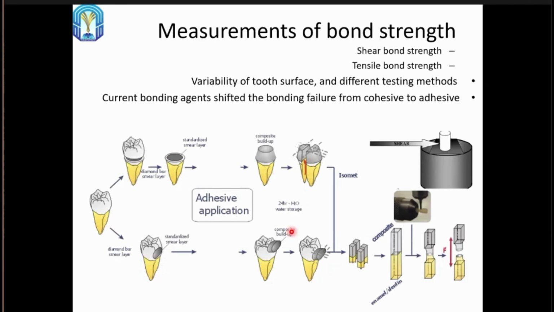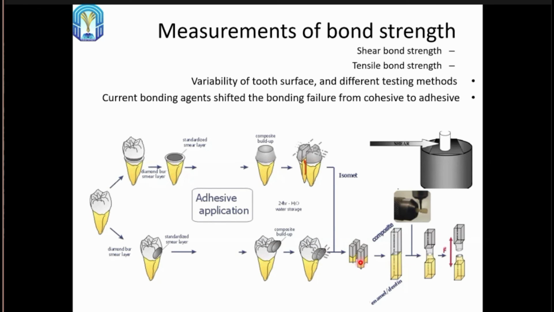Another simplified example, if you see this shown in the tooth structure, we remove the crown and put composite material with the help of adhesive system. We took an extracted tooth, for example, remove the crown, add filling material, and then we make slices.